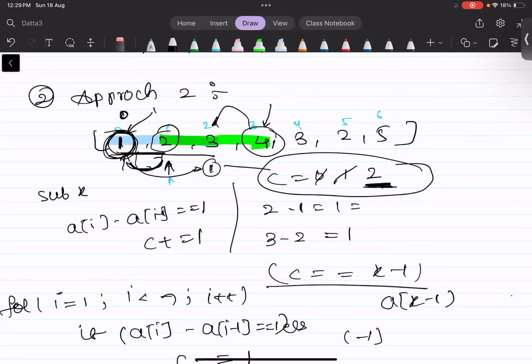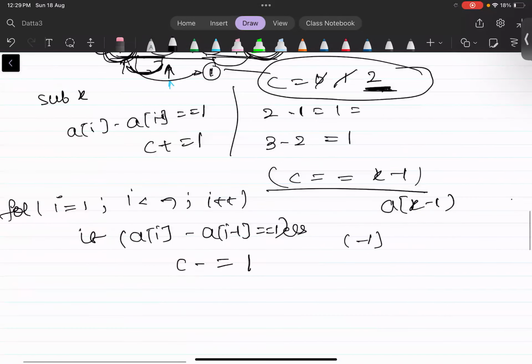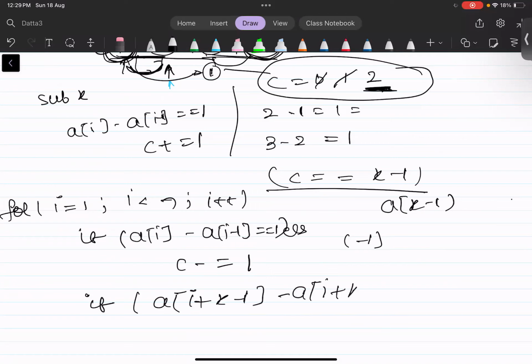If the difference between this pair of elements is again 1, it means these two are increasing, so I'm going to increment my C. If a of i plus k minus 1 minus a of i plus k minus 2 is 1, that's it, I'm going to increase that.